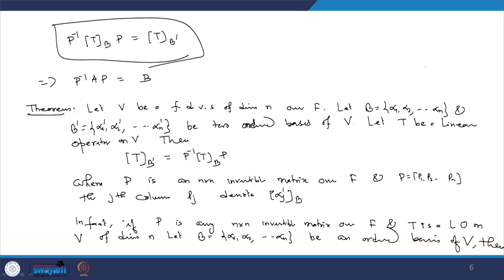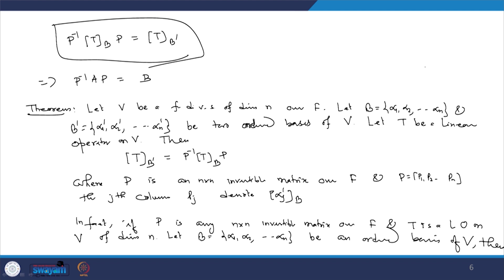I want to give you as a home assignment to cross check that the alpha 1 prime, alpha 2 prime, ..., alpha n prime constructed by this method, where alpha j prime is equal to sigma P i j alpha i, when the P matrix is given to us.